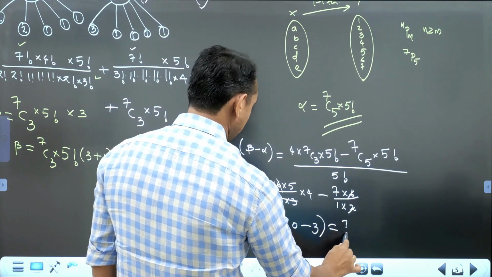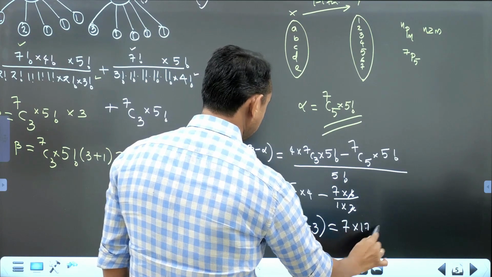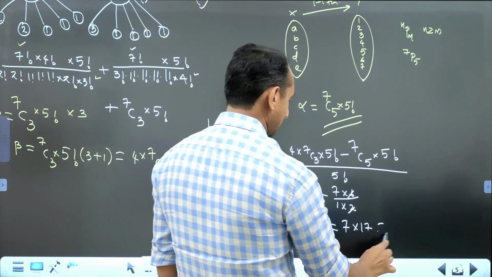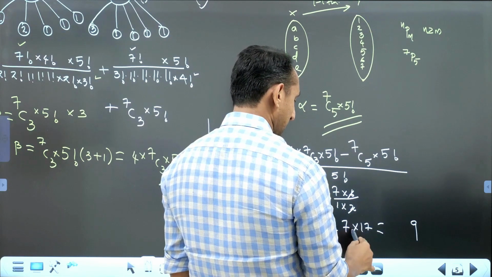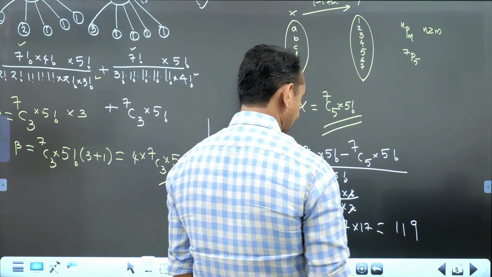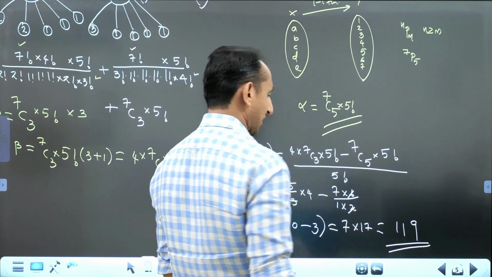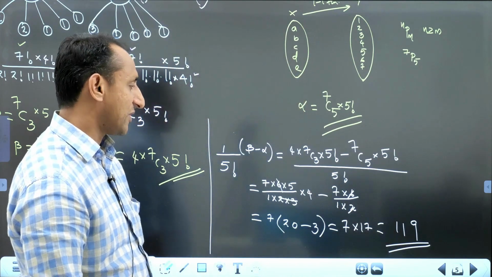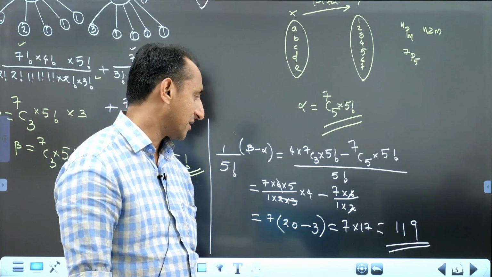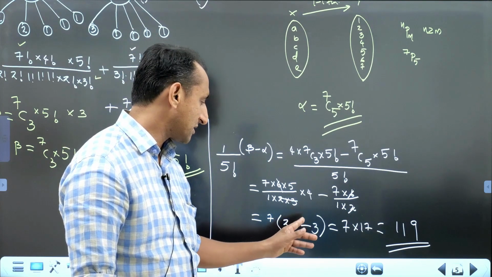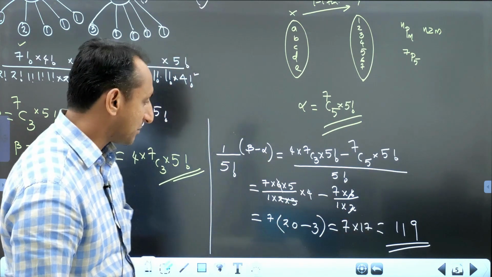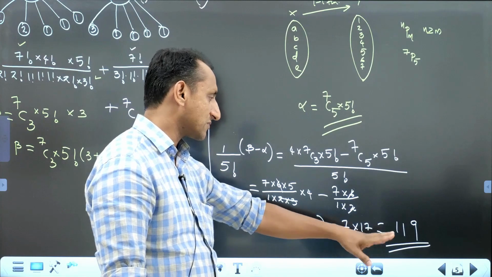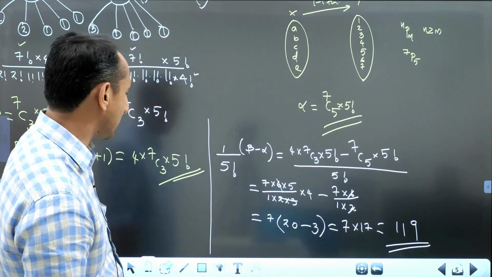So 7 into 17. The answer is 119. Clear? 20 minus 3 is 17. 17 into 7: 7 into 7 is 49, remainder 4, 7 plus 4 is 11. Yes, 119 is the answer.